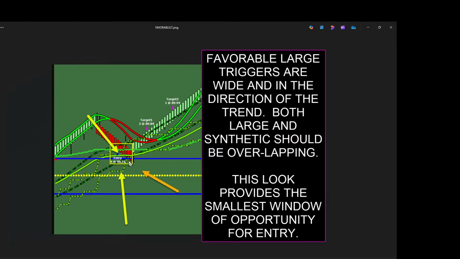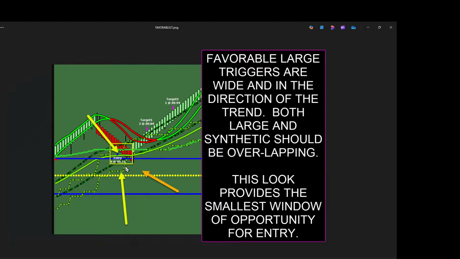Because when you have favorable large triggers, you have the smallest little range where that retracement is most likely to occur. And then when you put fibs, midbands, yellow 1-to-1s inside of them, you have the tiniest little window where the market is most likely to bounce. And this is the look, those favorable large triggers, that gives you the least amount of risk. I love favorable large triggers.